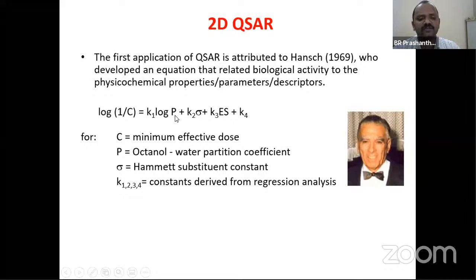physicochemical parameters. The physicochemical parameters are, for example, log P, which is the partition coefficient, and sigma, the Hammett substituent constant. As you know, it is an electronic parameter, based on electron donating and electron withdrawing effects, and then the steric parameters are taken into consideration.